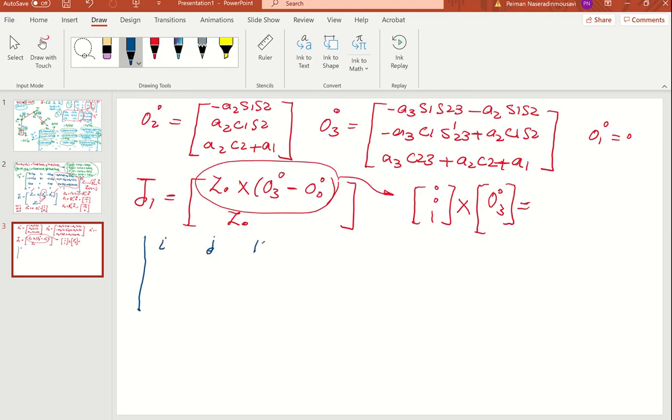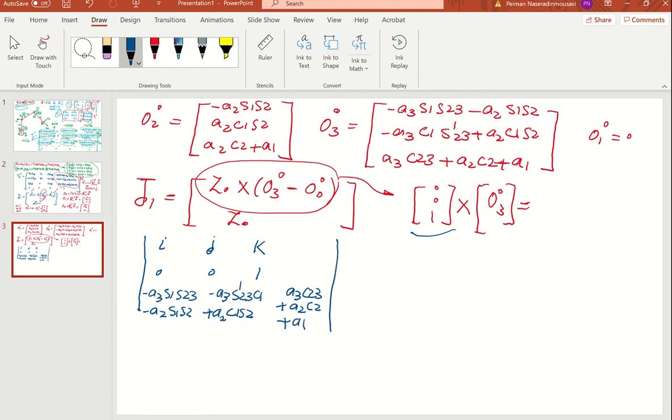I, j, k unit vectors, then 0, 0, 1 for this vector, and the second vector is minus a3 sine 1 sine 23 minus a2 sine 1 sine 2. Second is minus a3 cosine 1 sine 23 plus a2 cosine 1 sine 2. Third row is a3 cosine 23 plus a2 cosine 2 plus a1.